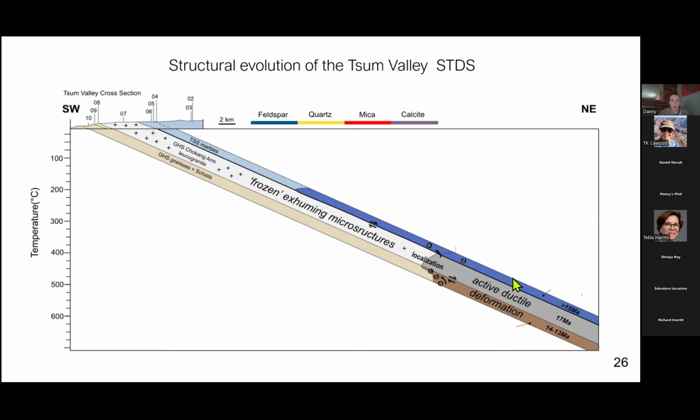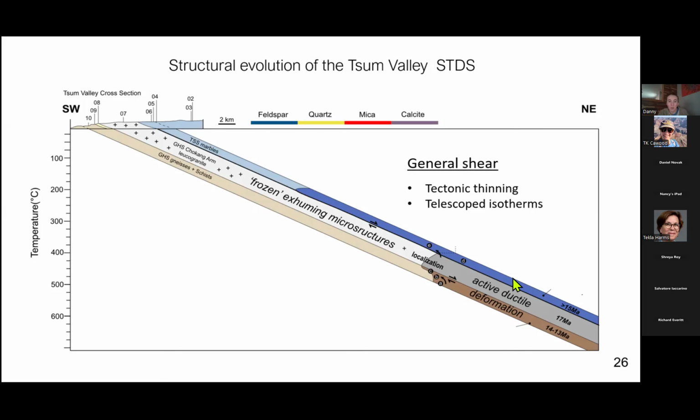From the kinematic analyses, we confirmed that the South Tibetan Detachment System is a single high strain zone operating under general shear. This means that there are important components of both pure and simple shear. A significant pure shear component across the shear zone aligns with tectonic thinning, and this is consistent with the extensional nature of the shear zone.